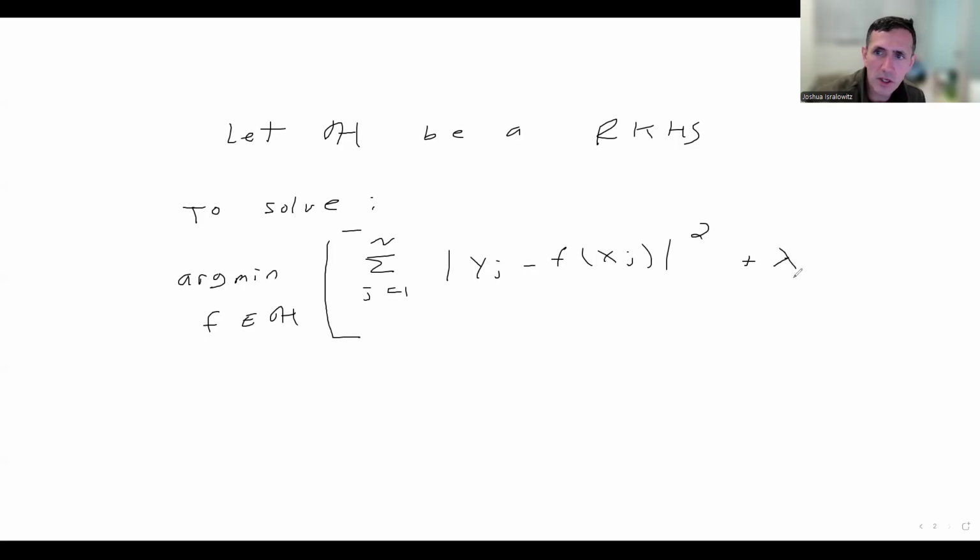And we want a penalty that not only prevents overfitting, but as seen, allows us to invert even when the kernel is not necessarily strictly positive definite, which in practice it might not be. For particularly linear kernels, you don't necessarily get strict positive definiteness unless the vectors are linearly independent.